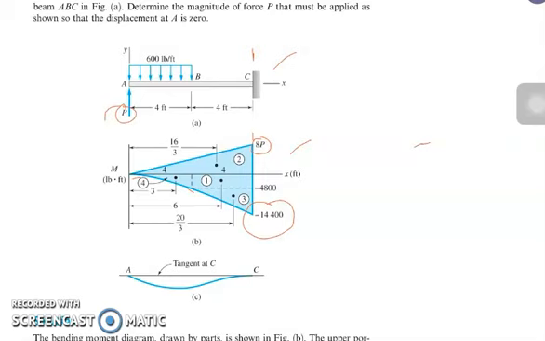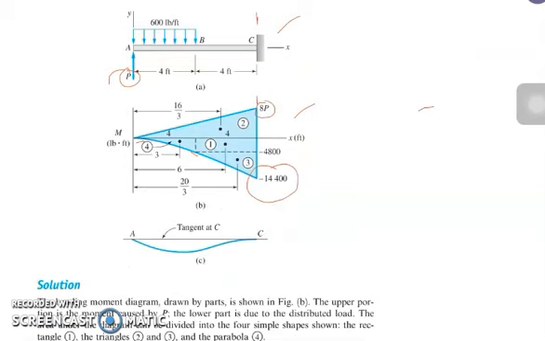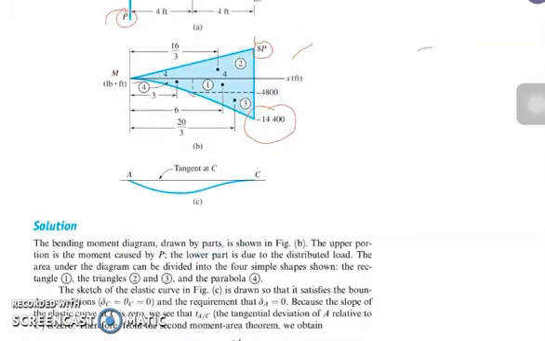We can resolve this by subdividing our figure into different shapes: a rectangle, a triangle, and a parabola. To subdivide, it was divided into 4.